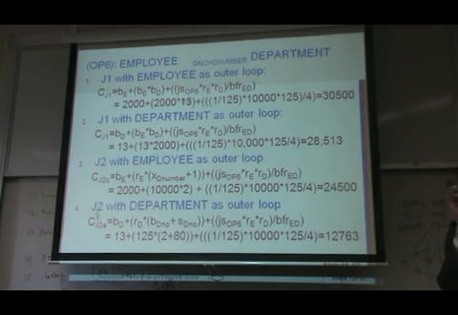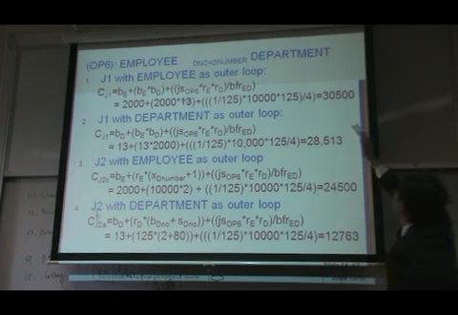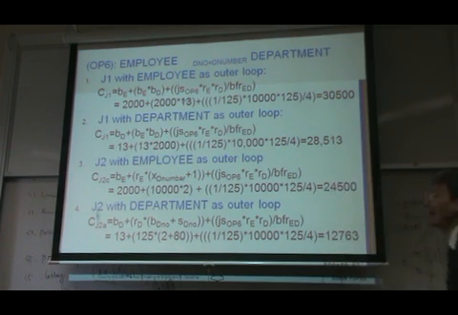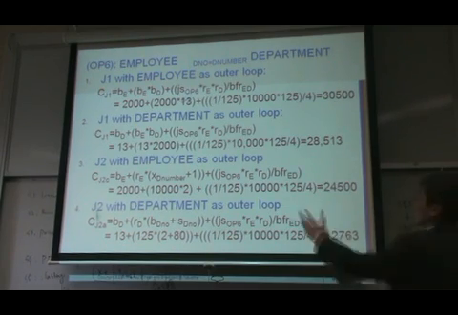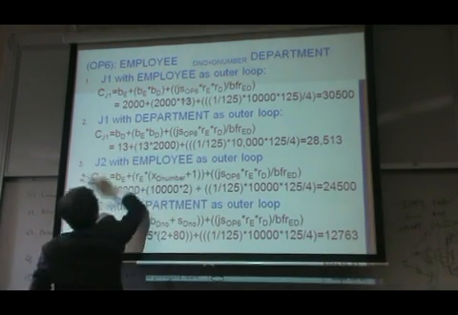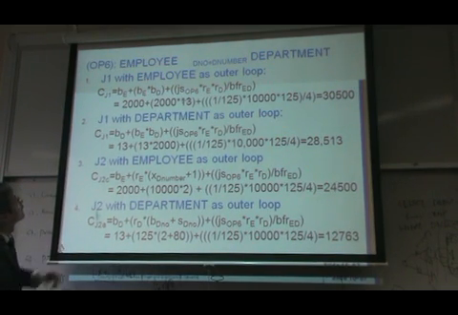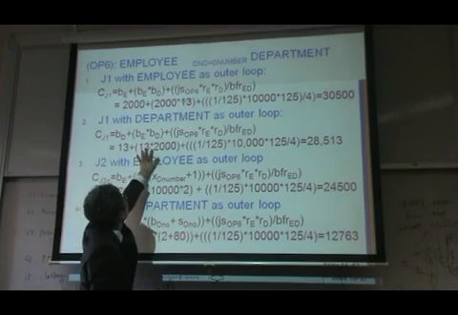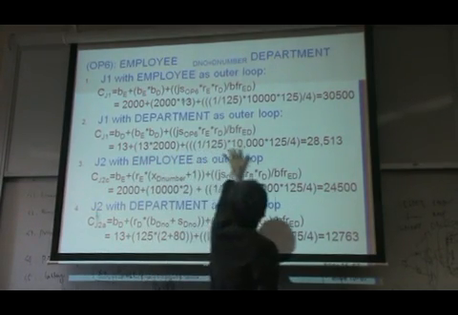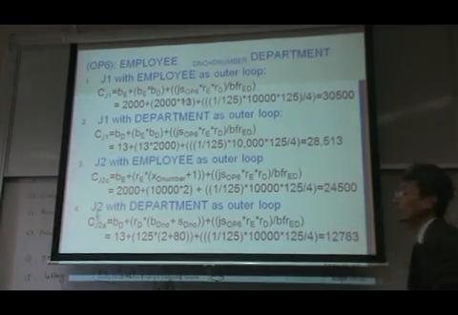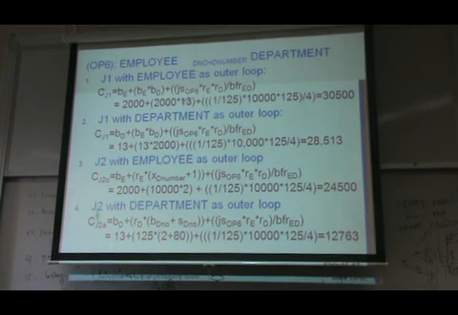We need to put the matching records that satisfy the join condition. If you compute this, it's 30,500. Similarly, we can change the order. For each block of department, it's the same thing, and it will be 28,530.